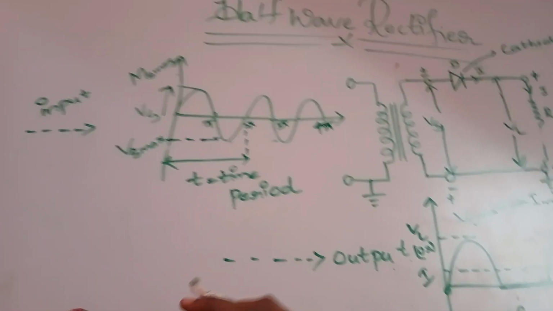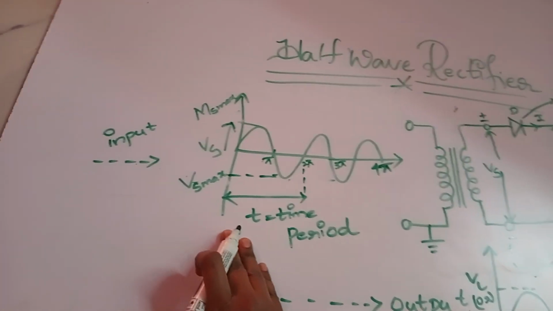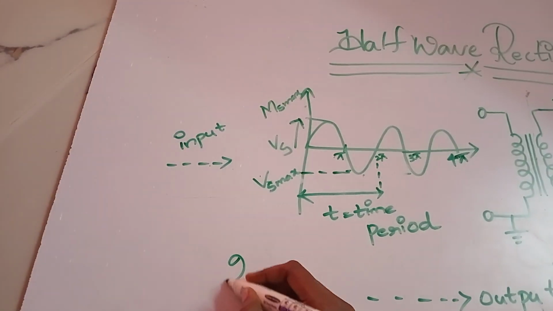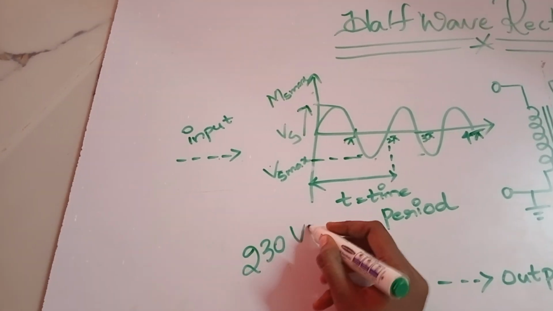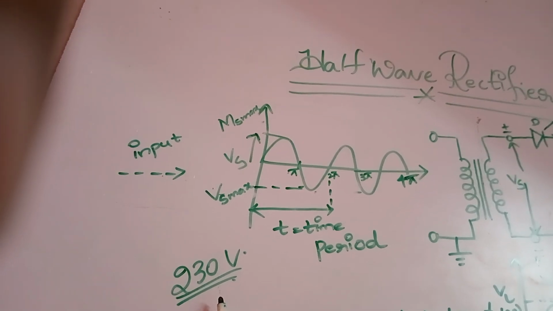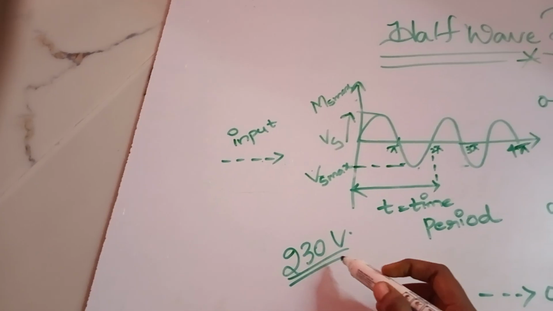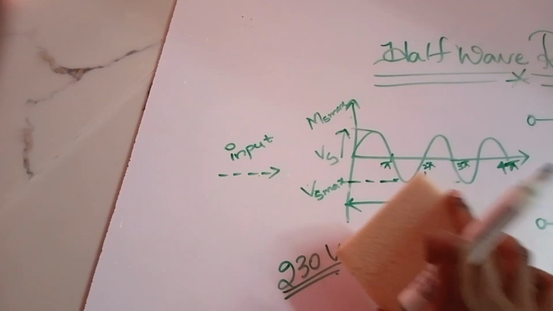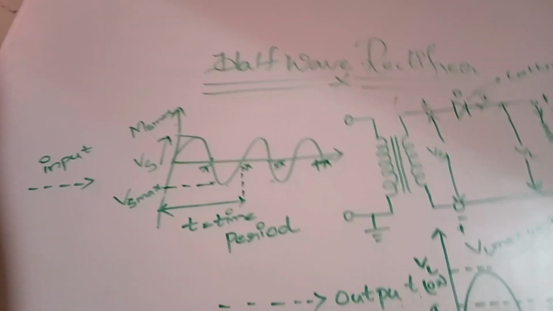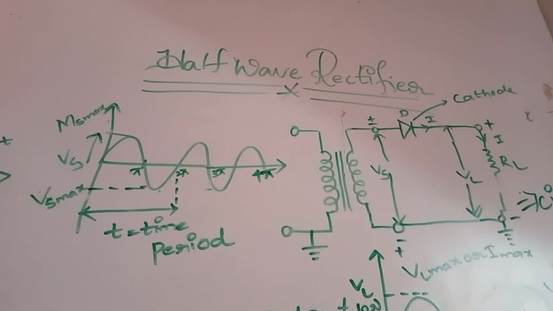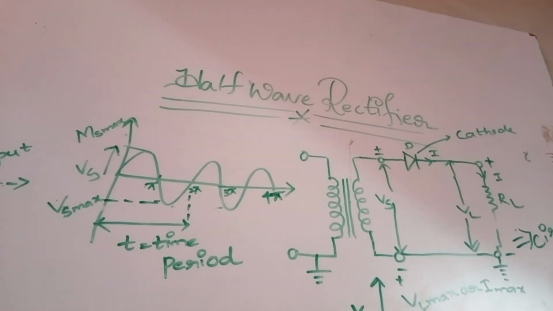Here, the input is the AC signal. I have said that we get 230 volts. This is the supply voltage we get for home applications, or anywhere we get this input. But we don't need this much voltage, which is very huge.